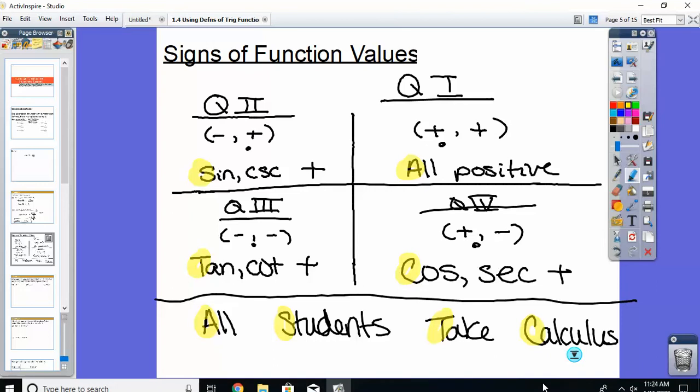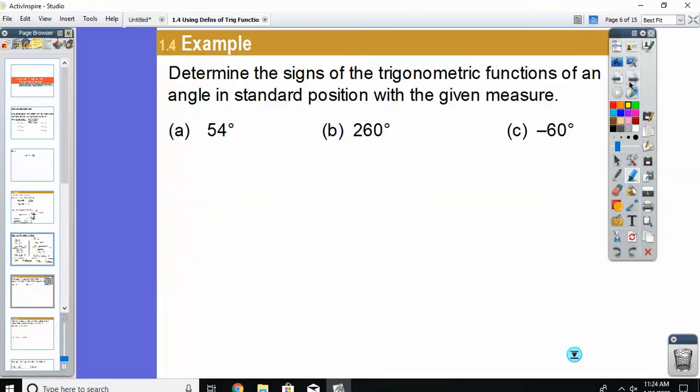So let's look at an example. I want to determine the sign, so I'm just asking positive or negative, for an angle in standard position with these measures.